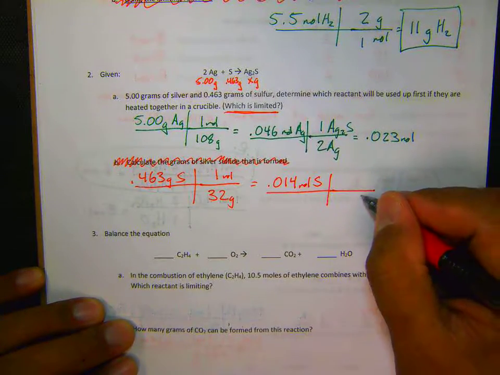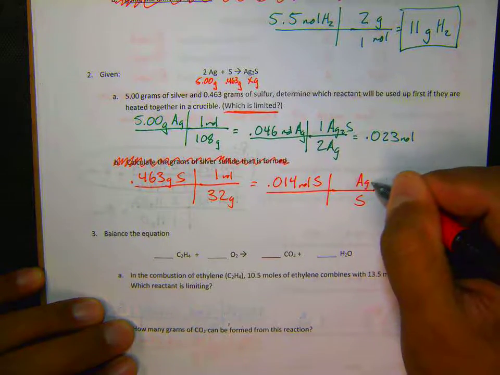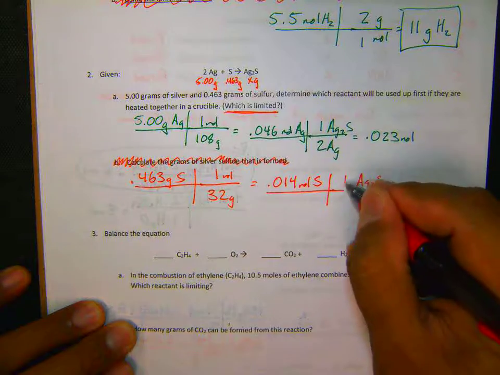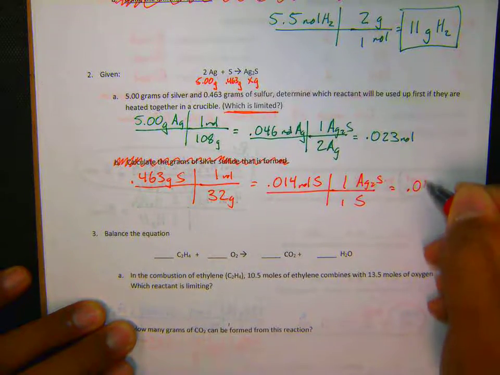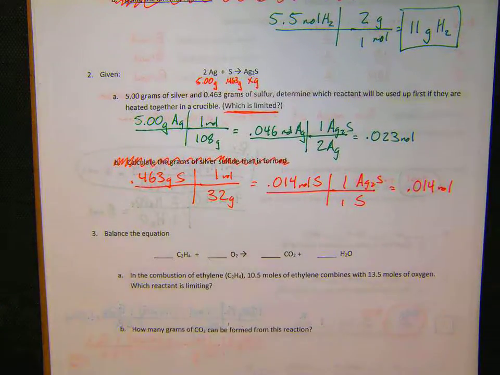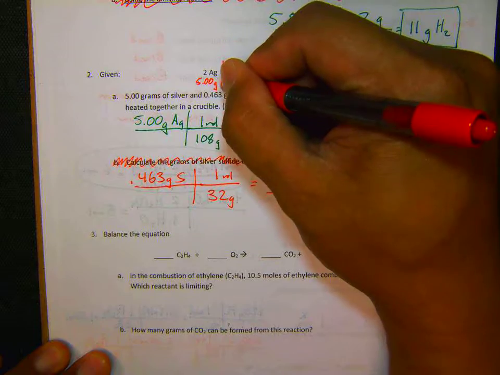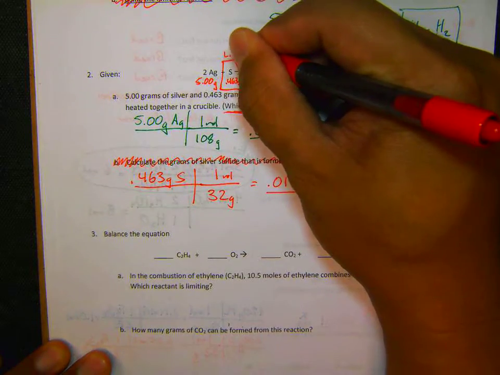Now on the bottom, sulfur, on top, Ag2S. According to the equation, it's a 1-to-1 ratio, so really, it's going to be the same amount. Smallest number is our limiting reactant. So that means this is the smallest number, so sulfur is our limiting reactant. I'm going to circle sulfur, and that's my limiting reactant.